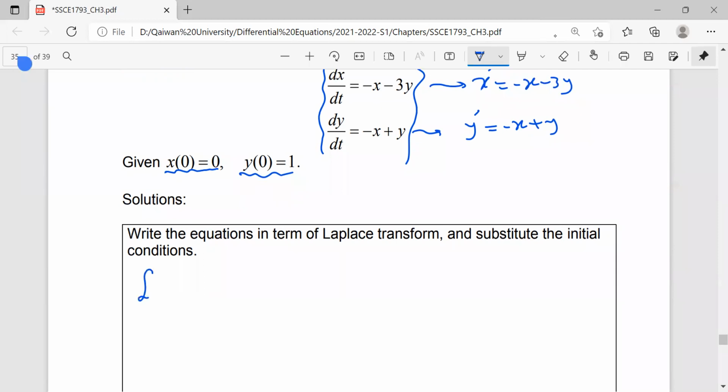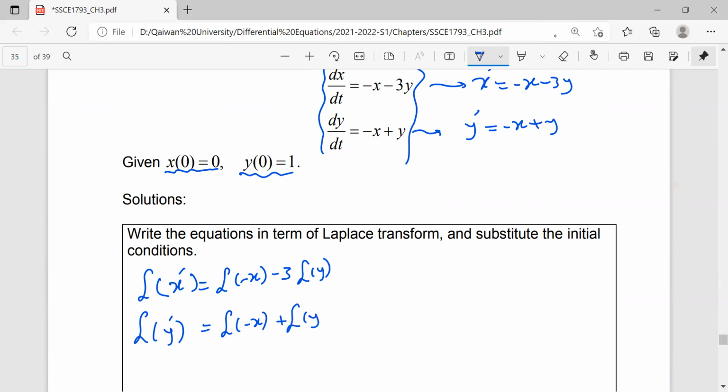The Laplace of x prime equals the Laplace of minus x minus 3 times the Laplace of y. This is the Laplace transform for the first equation. And for the second equation, the Laplace of y prime equals the Laplace of minus x plus the Laplace of y.